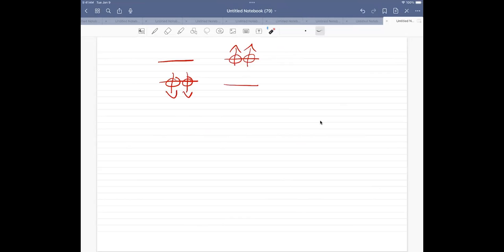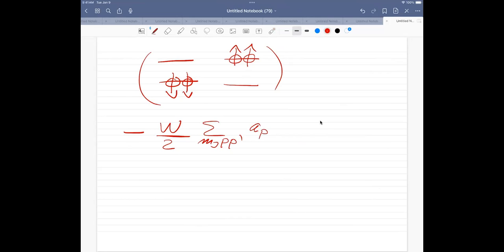There is another term as well. So let's just put a parenthesis around that one. There is a final term which goes like minus, and this represents another type of interactions. So there is still a sum over these mj states, but now we are having this p or p prime, and then I have an a of p mj dagger.